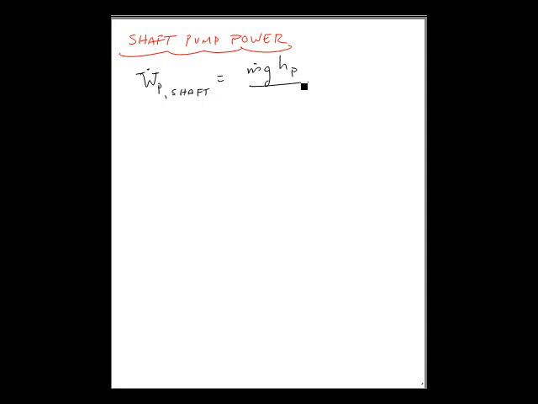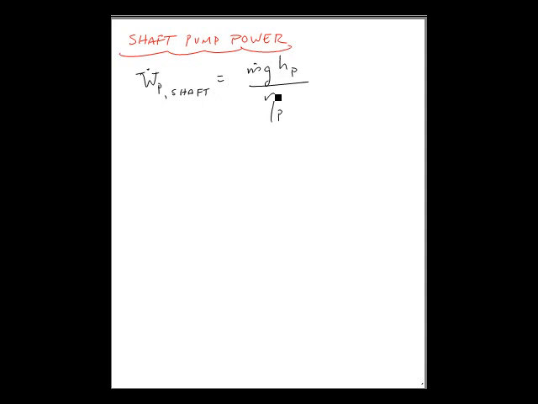Alright, well, now that we've discussed the pump head, we can get the pump power. So if I want the shaft pump power, if I have a shaft driven pump, the power of the pump by shaft is equal to my mass flow rate times my acceleration due to gravity times my pump head divided by my pump efficiency.